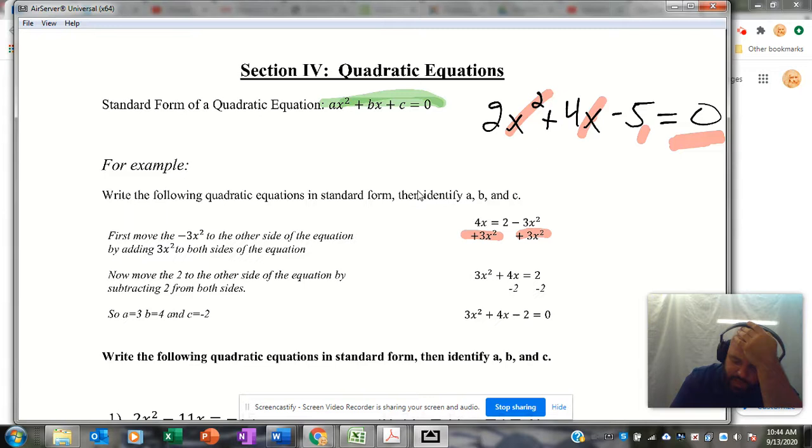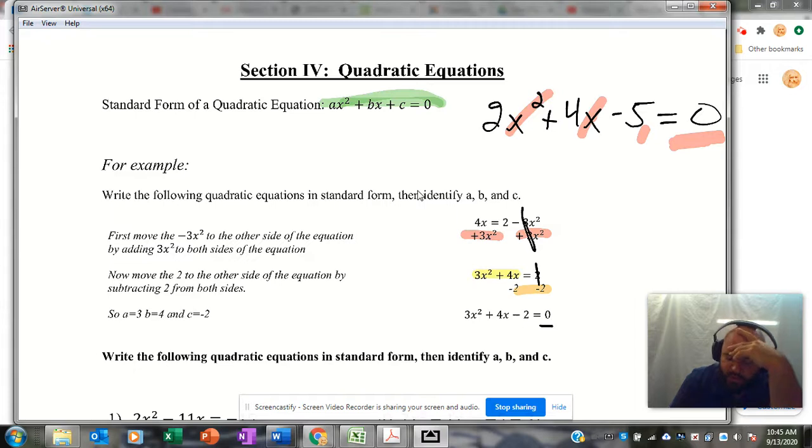By adding 3x squared to both sides, it eliminates the minus 3x squared, and we will be left with 3x squared plus 4x on the left-hand side, and now there's only a 2 on the right. After that first step, they subtract 2 from both sides, which cancels out these two twos, and it leaves us with a 0 on the right-hand side, which is what we want.